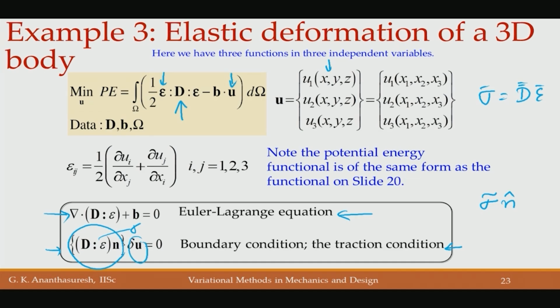When is delta u 0? Delta u is 0 when u is specified, like fixing it. When that is not specified, the corresponding stress should be 0. Whenever you have not specified it, then on that portion, if there is no force, the force action, as it is called in solid mechanics literature, will be 0. That comes from the boundary condition.